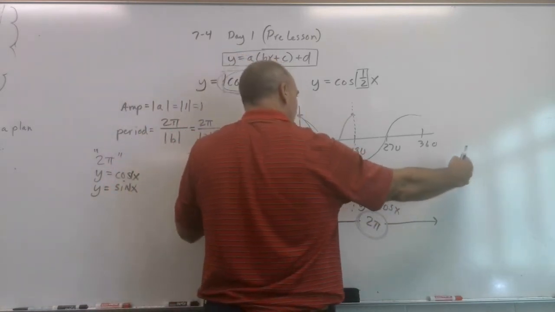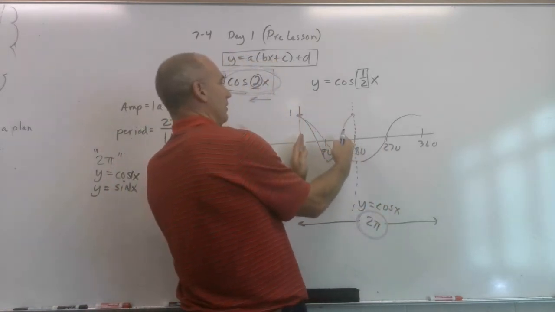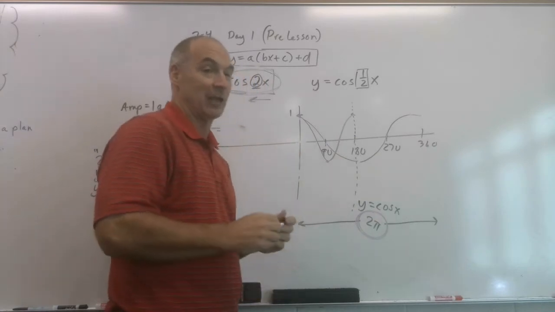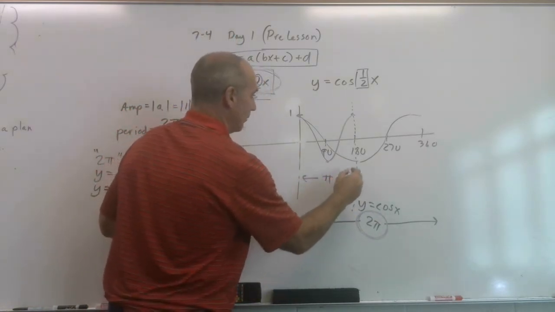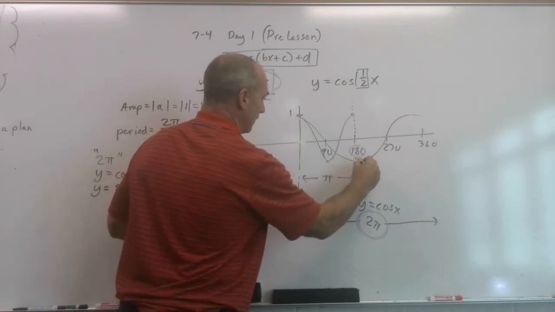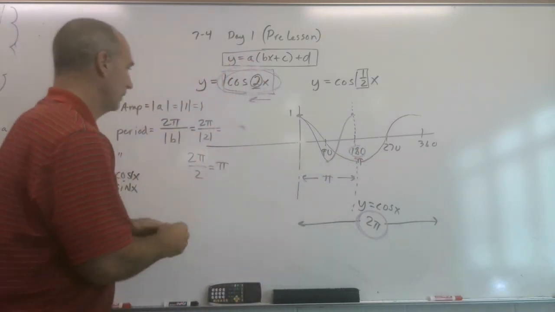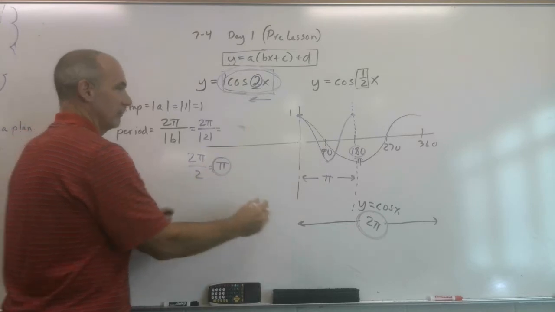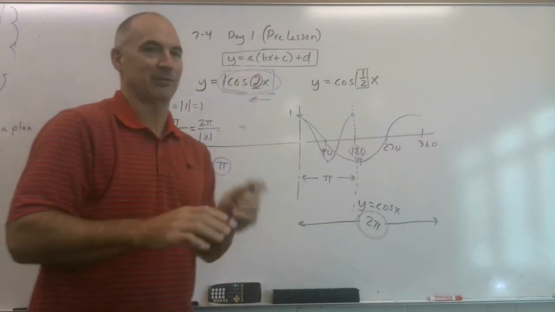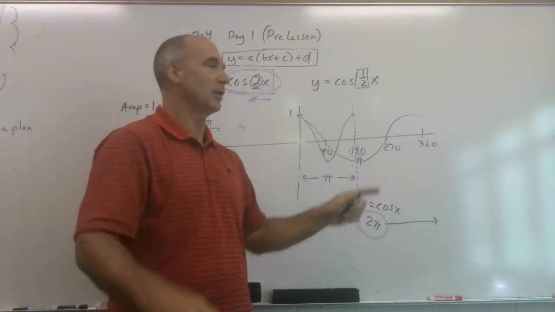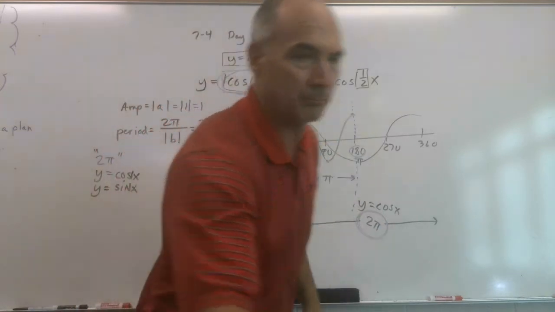It was horizontally compressed. There's some fancy language for you. Now what's the period? That's pi. Remember 180? What's 180? That's pi. So the formula does it, and then our drawing does it. Now, if that's the first time you've seen this, I give you permission to be confused. So I'm going to do this one.